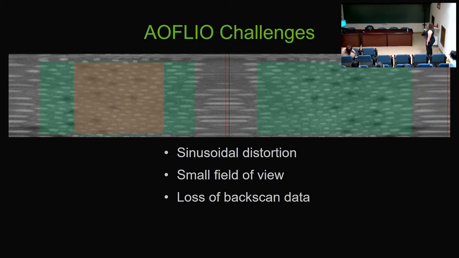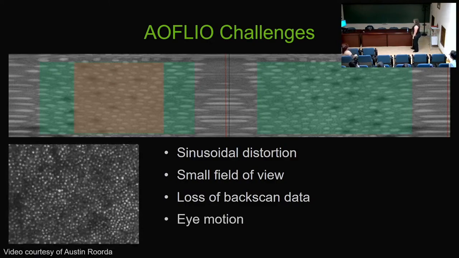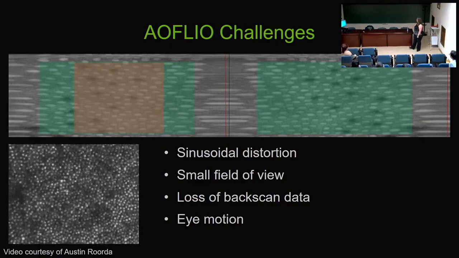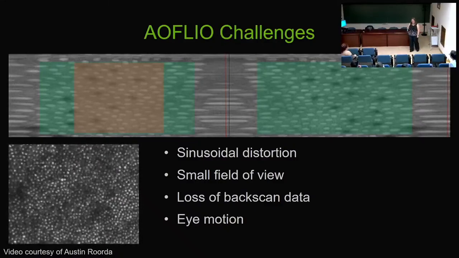You also lose information in the back scan. The laser is on continuously, so you have photons exciting things on both the forward scan and the backward scan. Typically, if we were just doing intensity-based imaging, we'd combine the forward and backward scan together. We, again, have not been able to do that until recently. And of course, as we move into humans and into mice, we want to consider that there's more eye motion, and we have to be able to compensate for that.